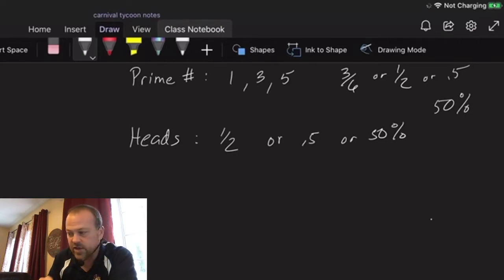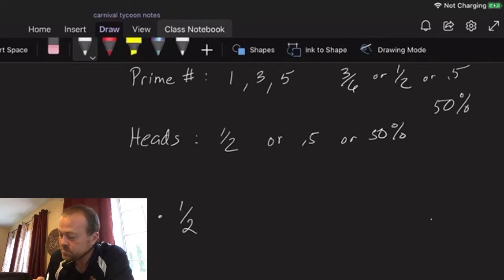So we have to have these 2 events happening at the same time, meaning we have to multiply those together. So the probability of a prime number, it is 3 over 6 multiplied times the probability of heads, 1 out of 2.